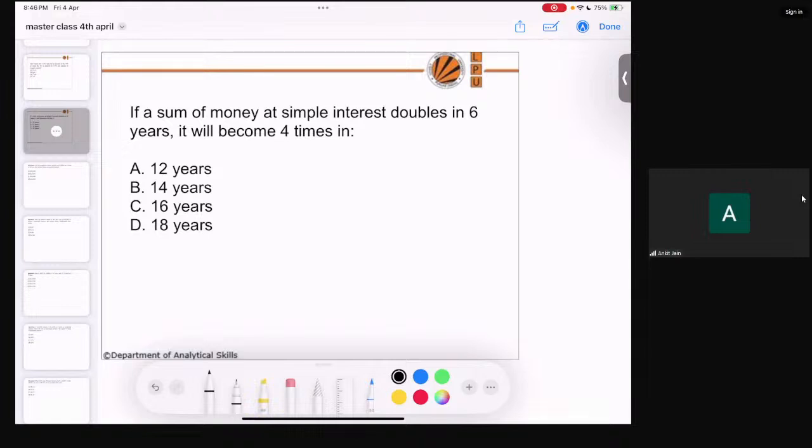So take a case. Assume you have 100 rupees. It becomes 200 in 6 years.